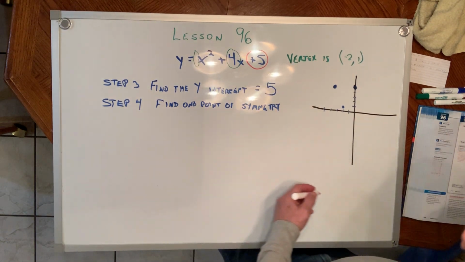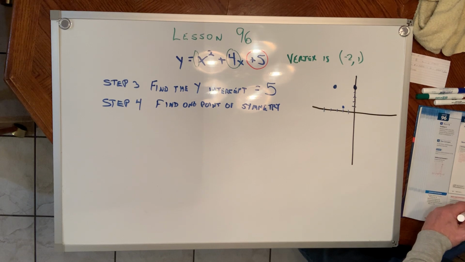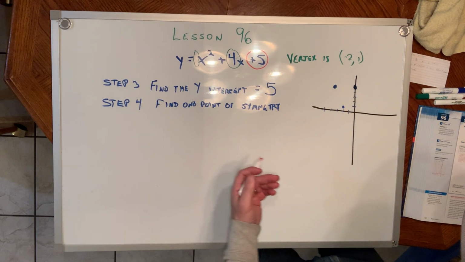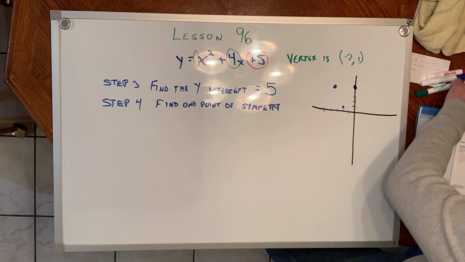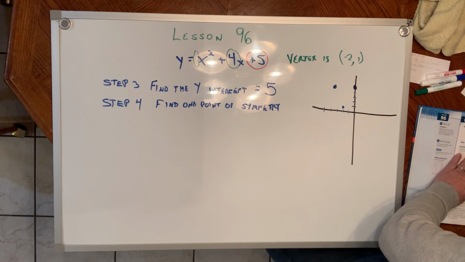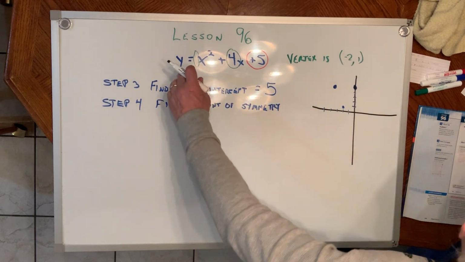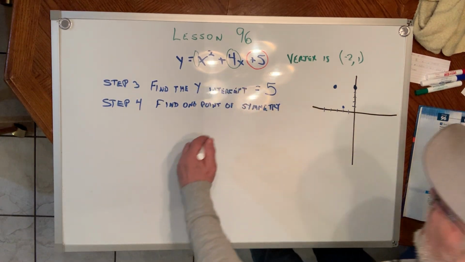That's step 4. And they picked a number, okay? And then they tried to make their life easy, so they picked the number 1. And they plugged it into the equation there of y equals, and they made x into 1.